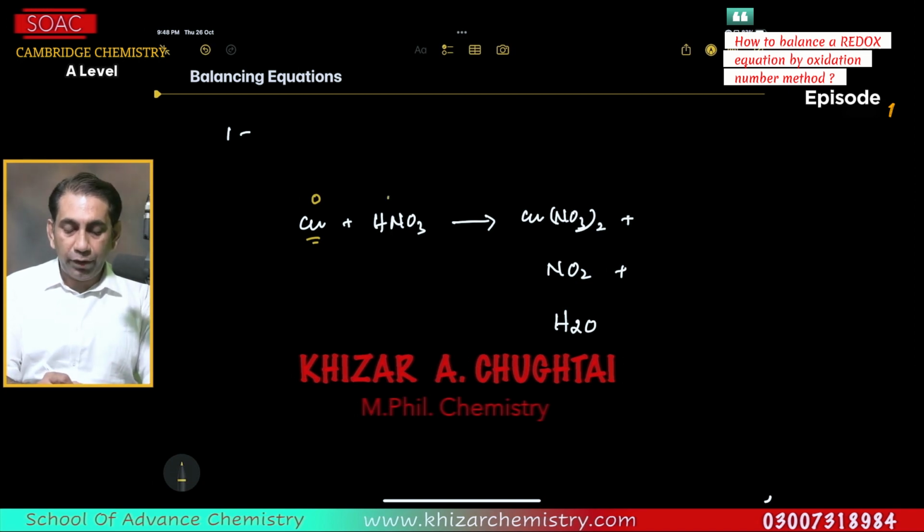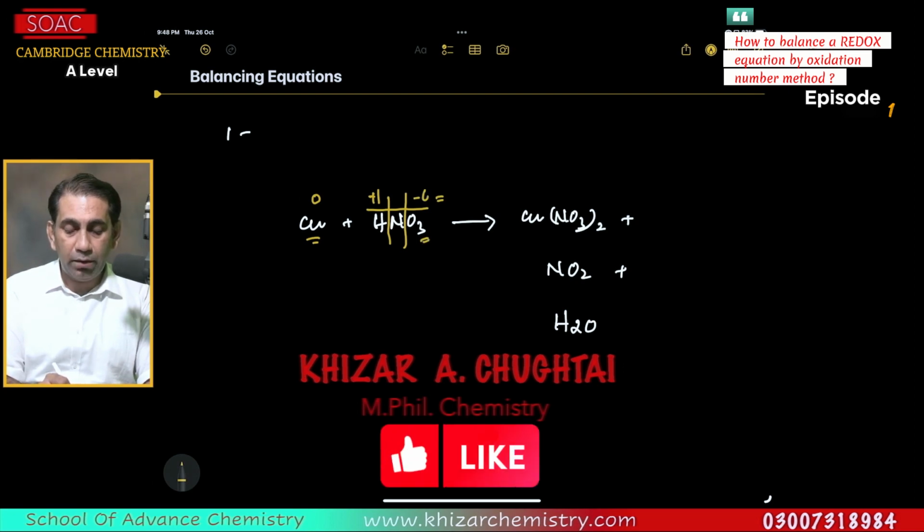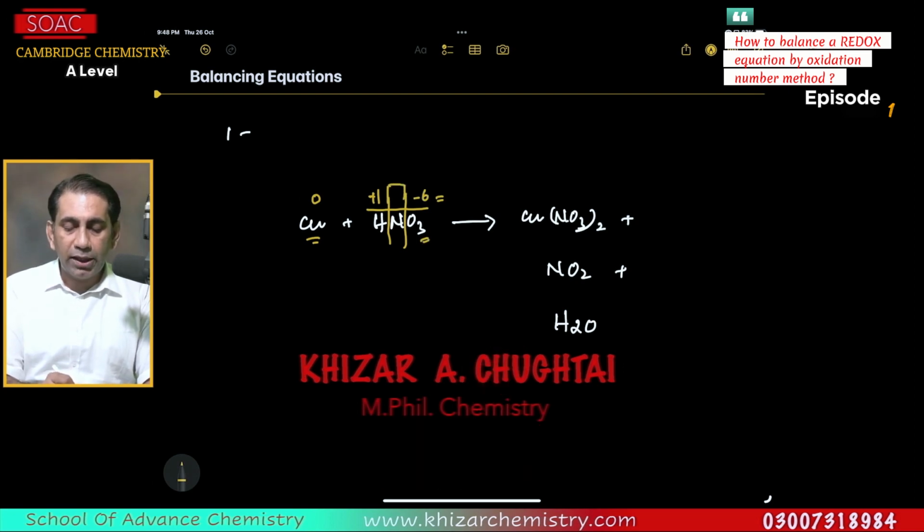In HNO3, there are three elements and this is a neutral molecule, so the sum of their oxidation numbers must be 0. Hydrogen is +1, oxygen is -2, and with three oxygens the sum is -6. To make the sum 0, we write +5 for nitrogen.